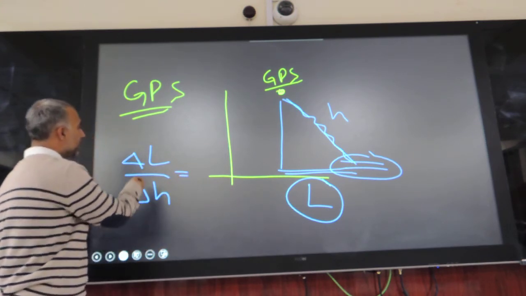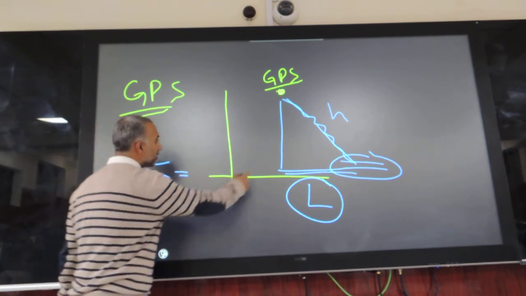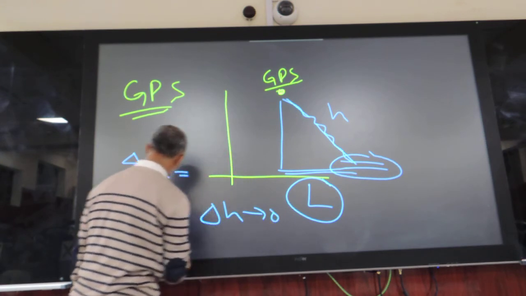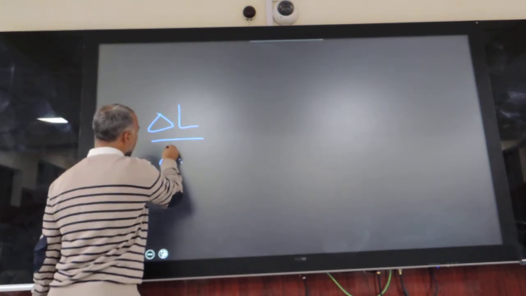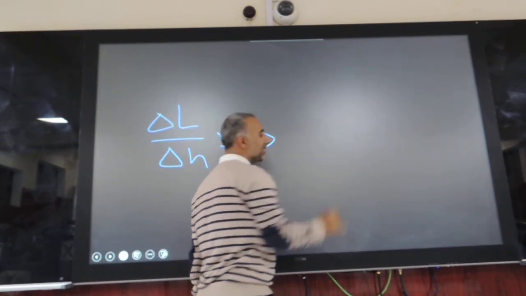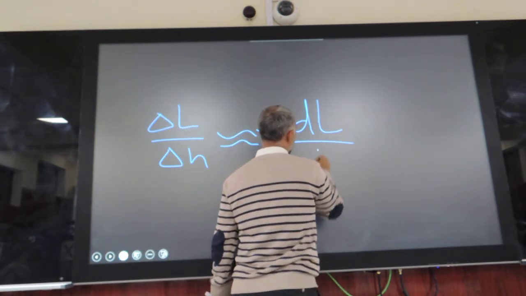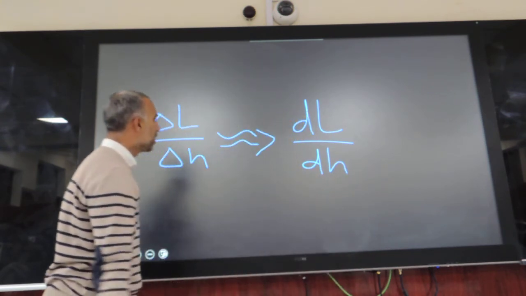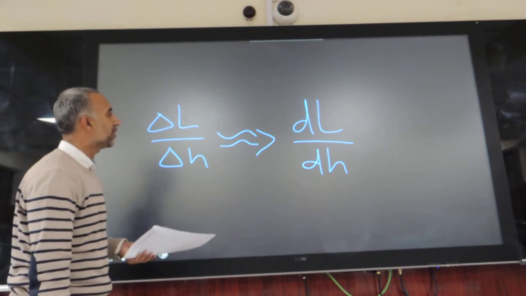So this ratio is mirrored with this, but once this delta H approaches 0, then this ratio will automatically be minimized at a particular instant, and it will tell the pilot the exact landing position with respect to height or certain GPS information.